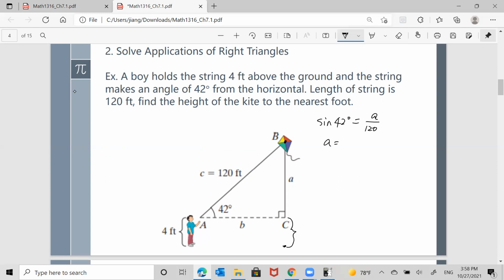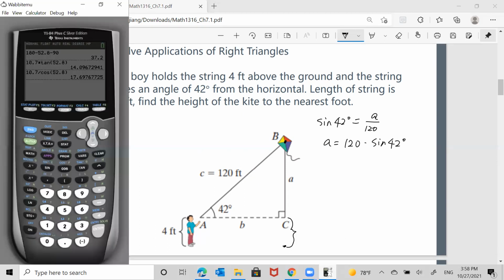So A equals 120 times sine 42. Use the calculator because it's asking for the nearest foot. That means just keep the integers, no decimals.